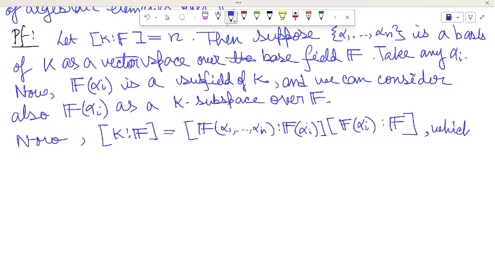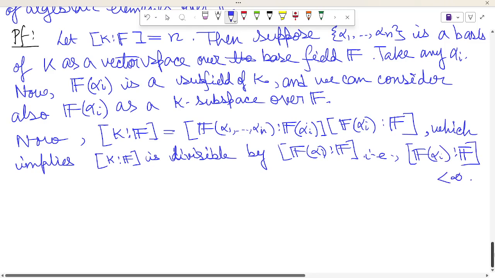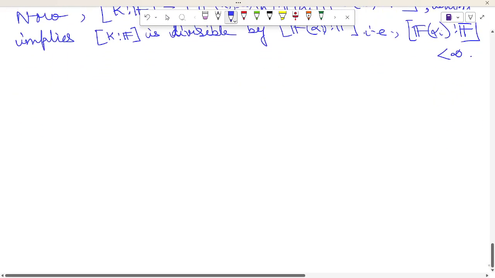Which implies [K:F] is divisible by [F(alpha i):F]. Divisible means that it is finite. What I said here is that it is a finite extension. But we know already that a simple extension is finite if and only if alpha is algebraic.